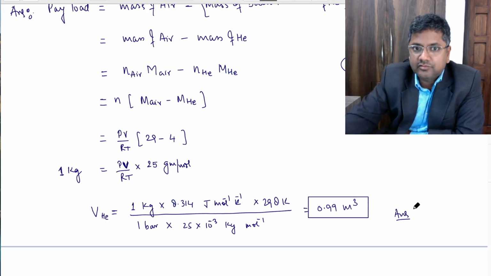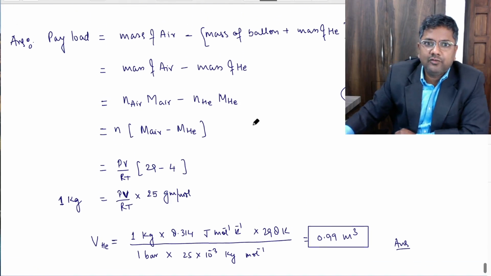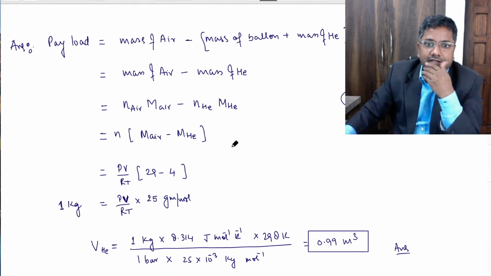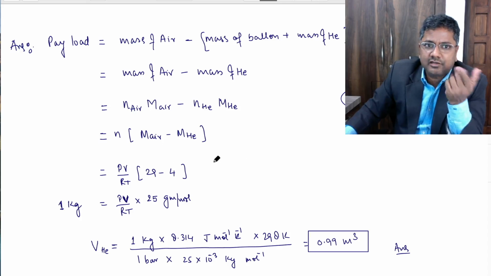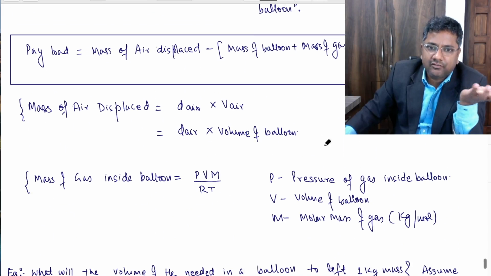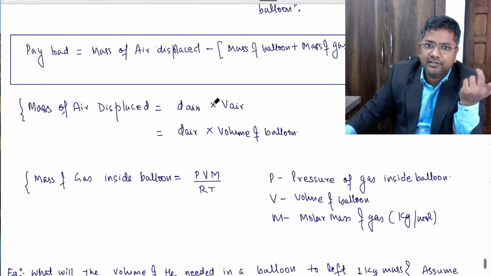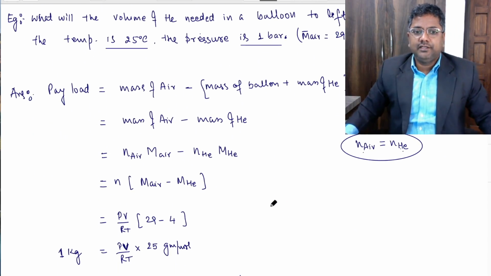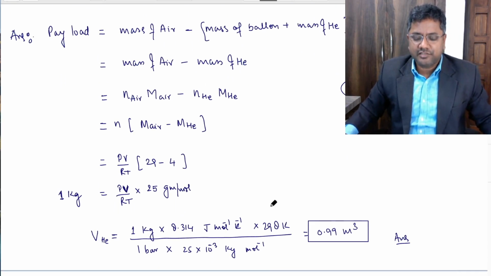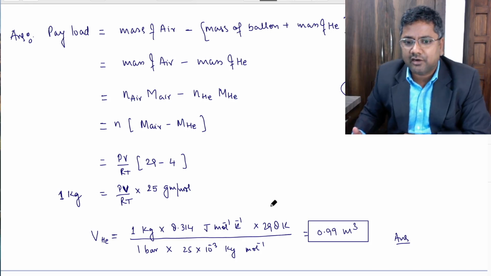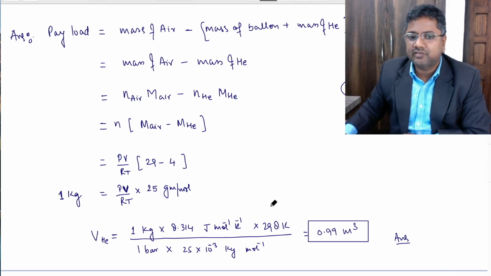So this is another way to manipulate mass of air and mass of helium in terms of moles. This is also acceptable. And when you have density and volume given, then you can use that formula as well, right? So in this way you can solve such types of problems. Similarly, you can find the temperature difference in terms of payload capacity.